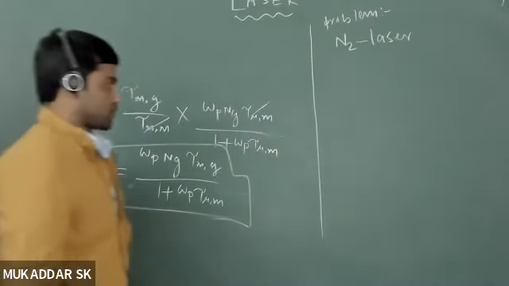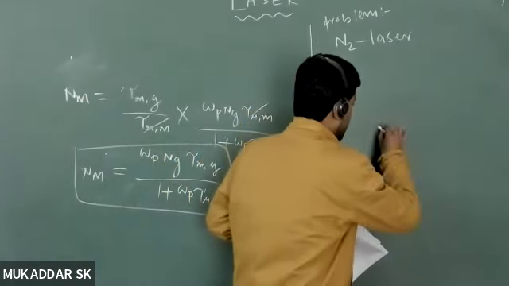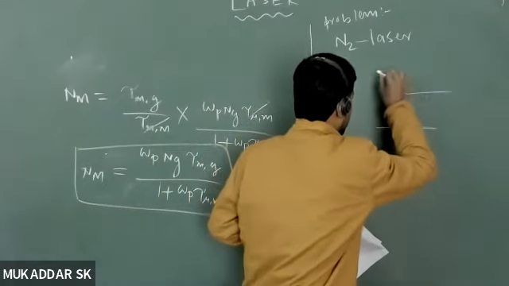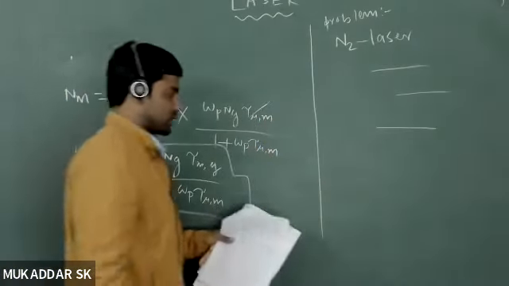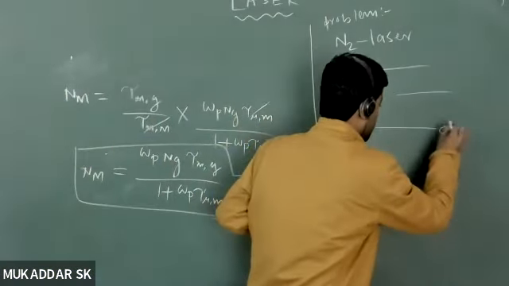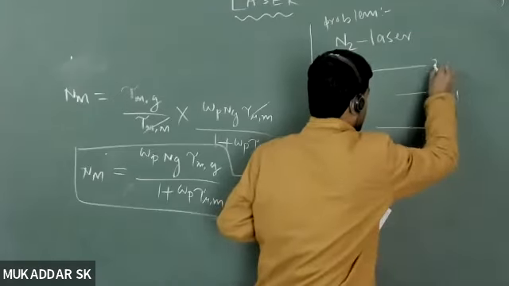They have given the energy level diagram of the nitrogen laser. This level is the ground state, the first excited state, and the second excited state.